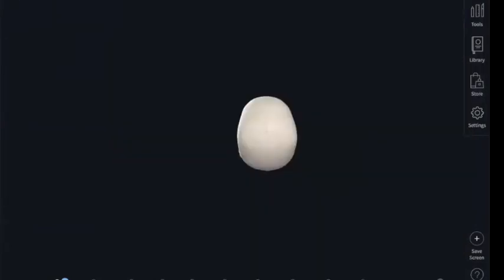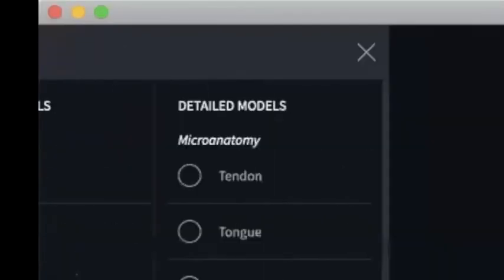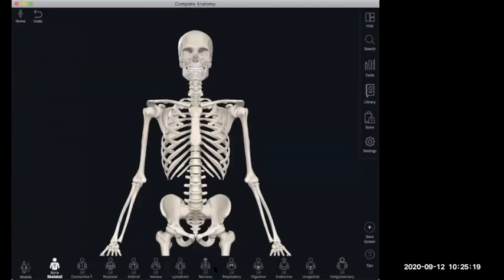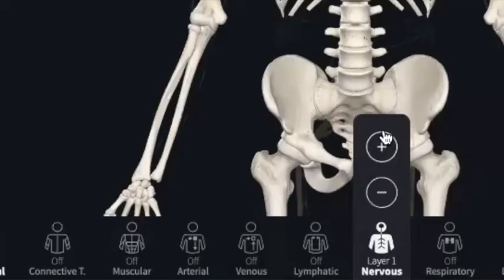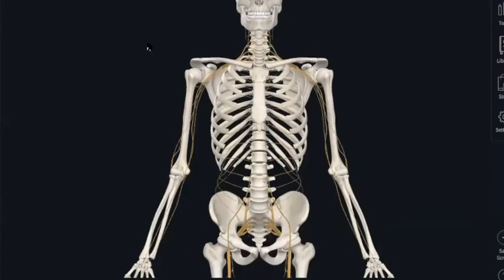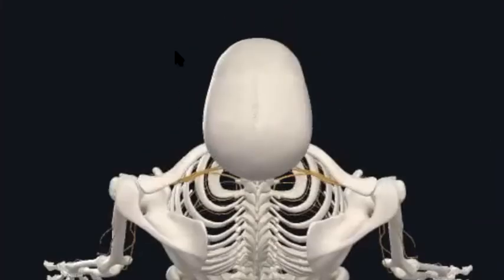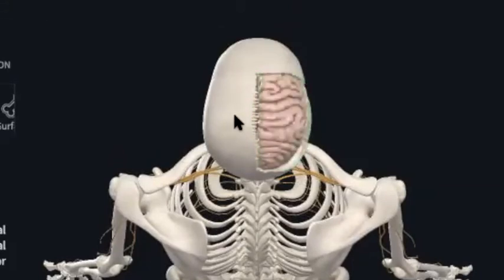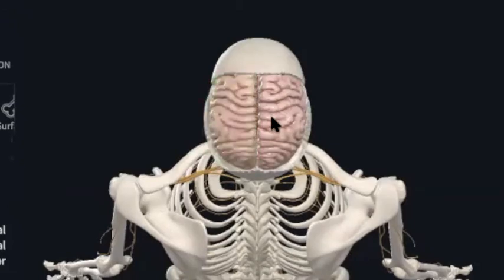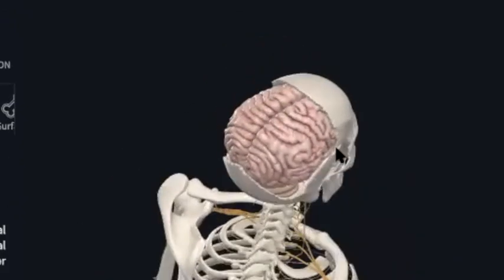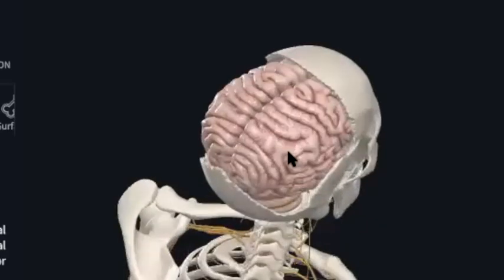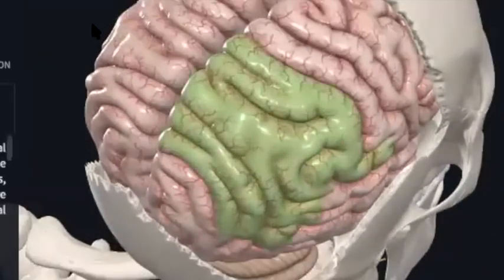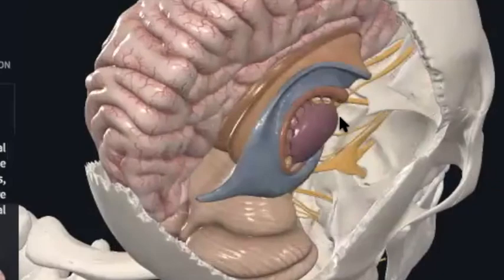Let's go back here for a minute and then go to the full body. And then we're going to add in, again, the nervous system right here. We're going to be looking down into the brain and looking at all the other features. So we're going to remove the parietal bones, and then we're also going to remove half the brain to give you an idea of what this is.